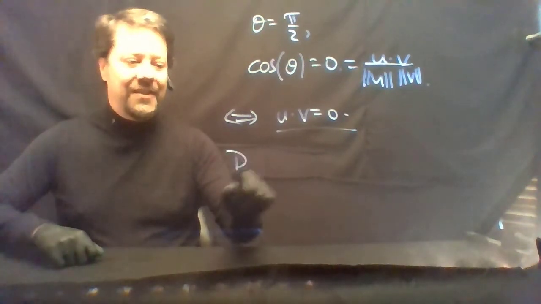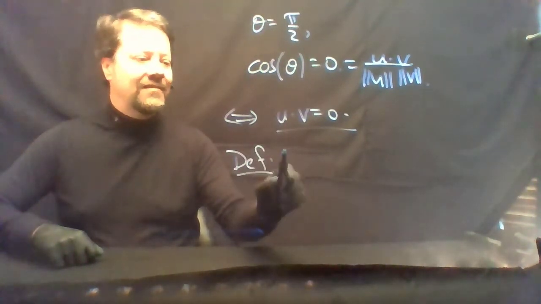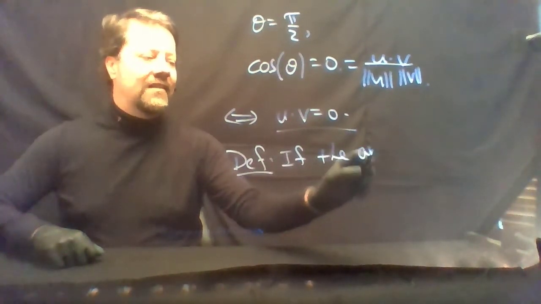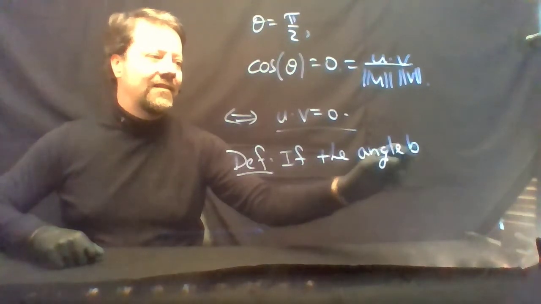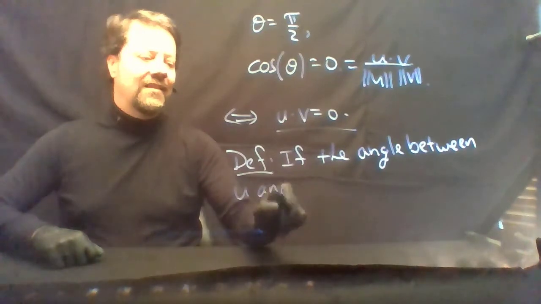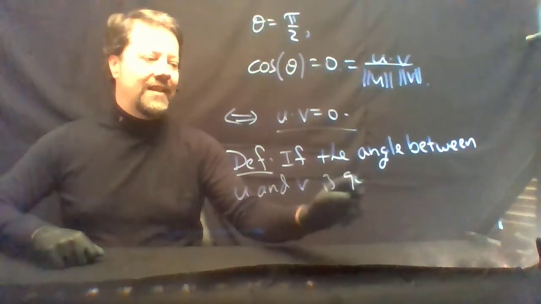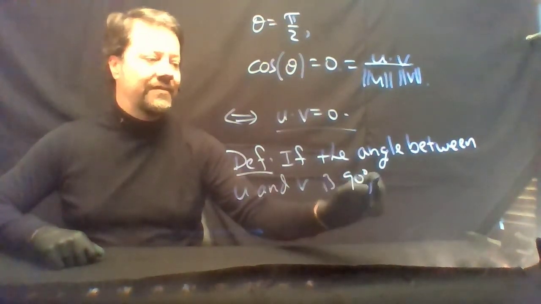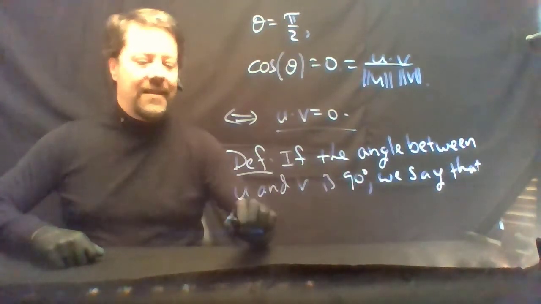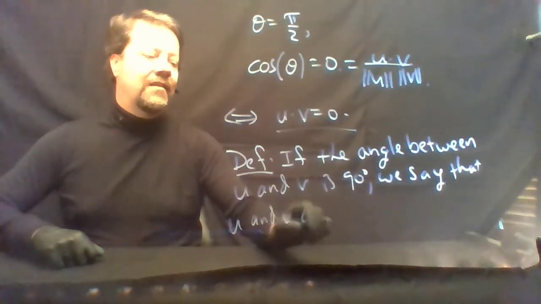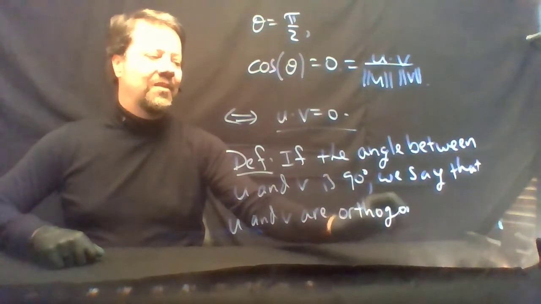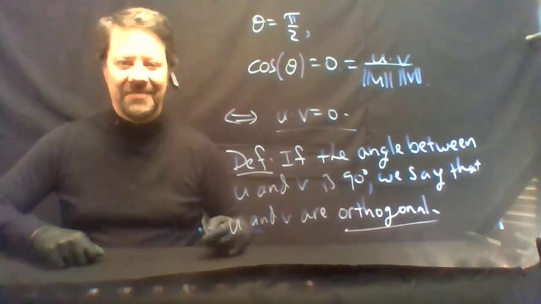First, we make a definition. If the angle between u and v is 90 degrees, or pi over 2, we say that u and v are orthogonal.